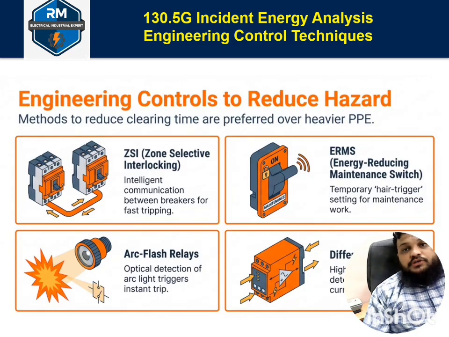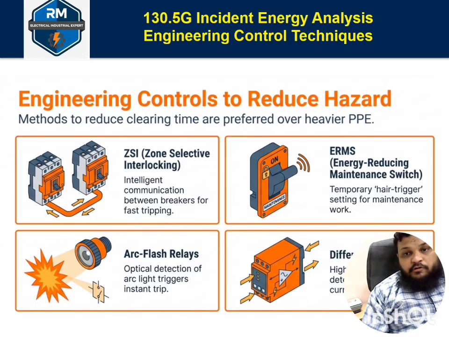Now we are going to discuss the engineering controls to reduce the incident energy hazard. There are many methods that are used to reduce the incident energy and the duration of the arc, so that it will not persist longer and cannot harm the employee working on any live equipment.